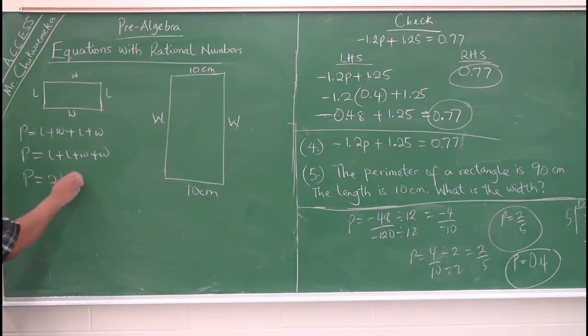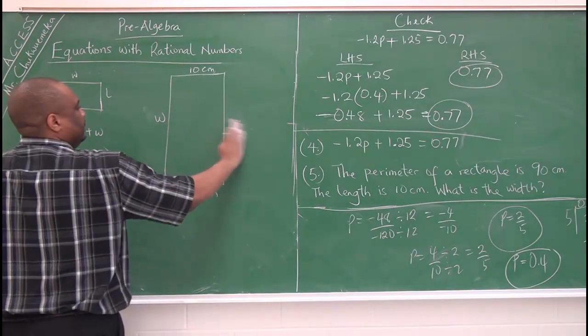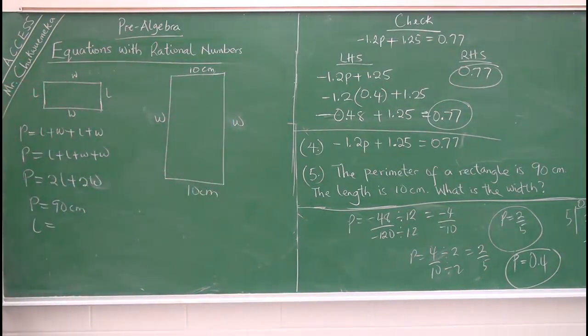So perimeter will be 2 length plus 2 width. In this case, our perimeter is 90 centimeters, our length is 10 centimeters, and we want to find our width W.